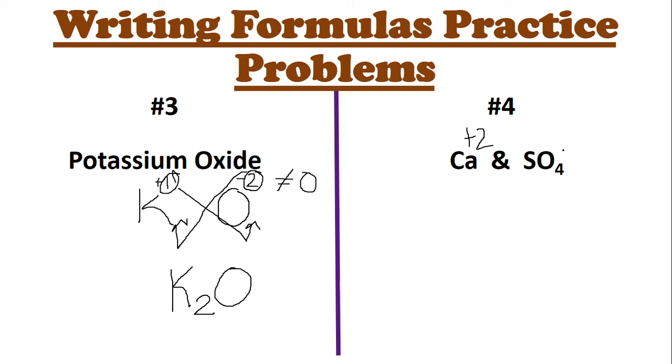And SO4, if you go back to your polyatomic reference sheet, it would have said like 2- or -2 or something. That's its oxidation number. Now, do the numbers equal 0? Yes, it does. When that happens, you just write them next to each other. CaSO4. That 4 has to stay there because it's part of the polyatomic ion.